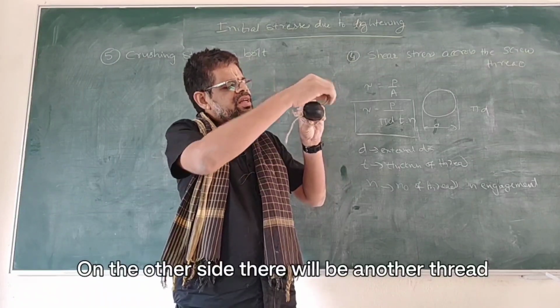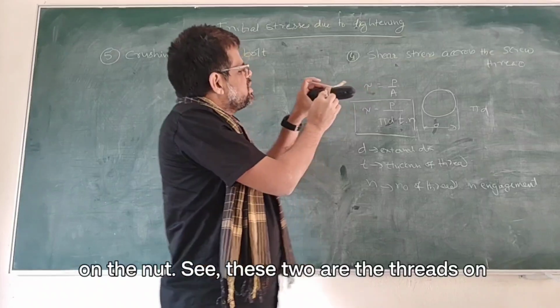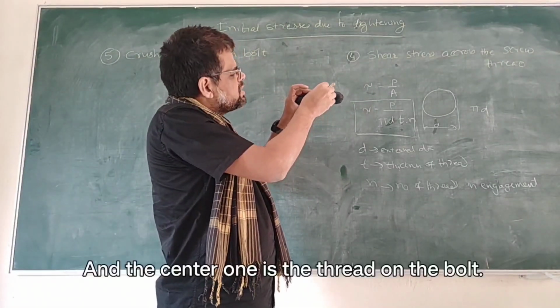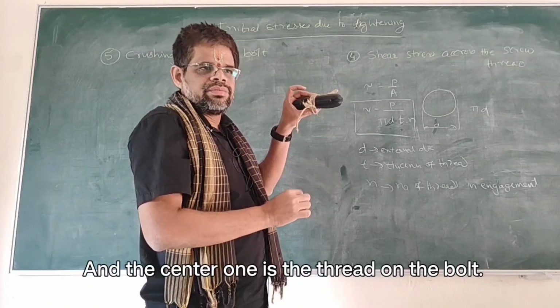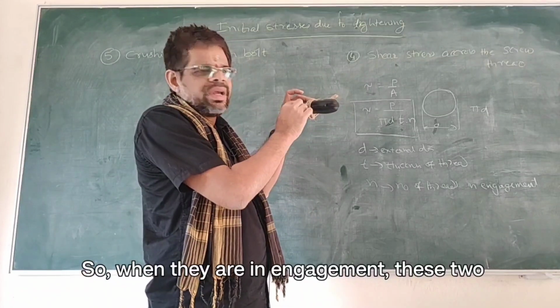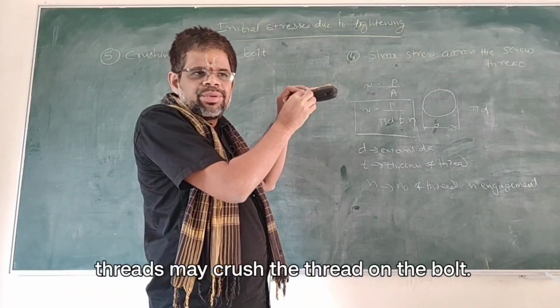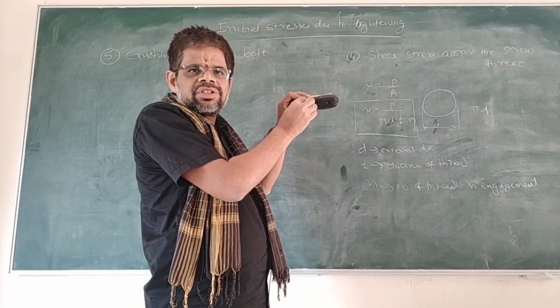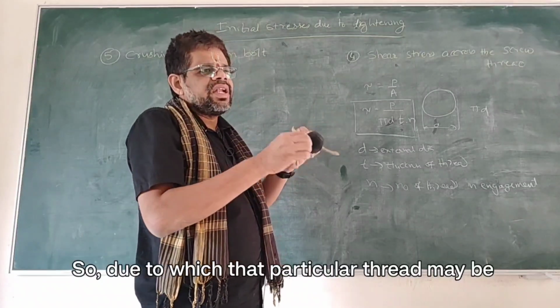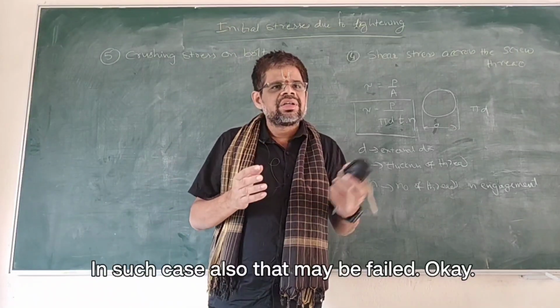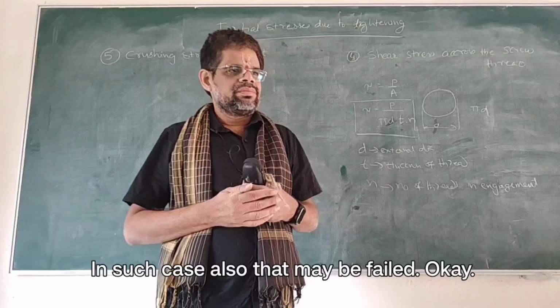These two are the threads on the nut, and the center one is the thread on the bolt. So when they are in engagement, these two threads may crush the thread on the bolt, due to which that particular thread may be crushed or compressed. In such a case also it may fail.